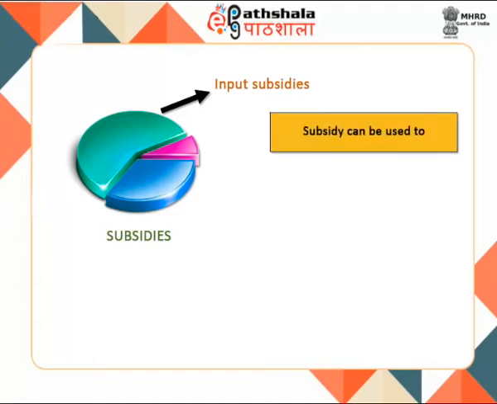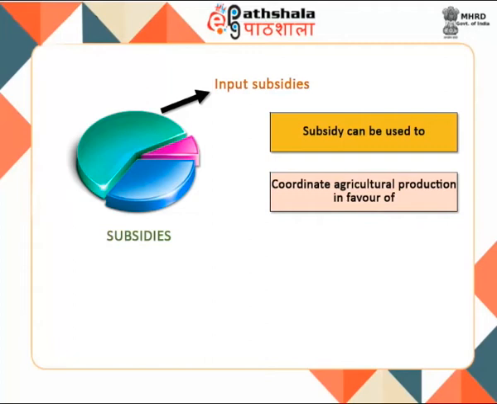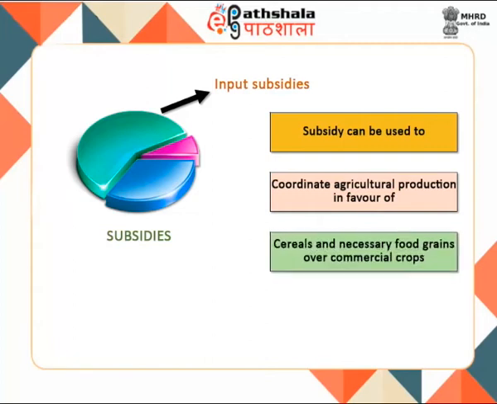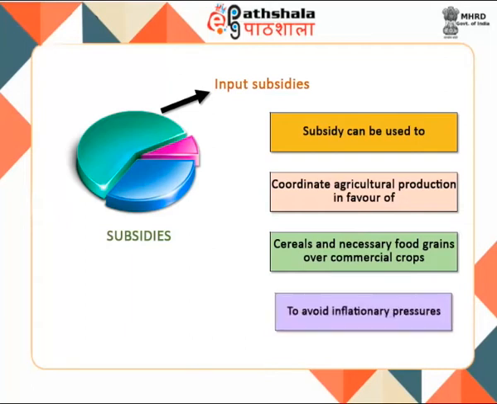Subsidy can be used to coordinate agricultural production in favor of cereals and necessary food grains over commercial crops to avoid inflationary pressures. The latter has direct implication for industrial wages and international competitiveness of industrial products.